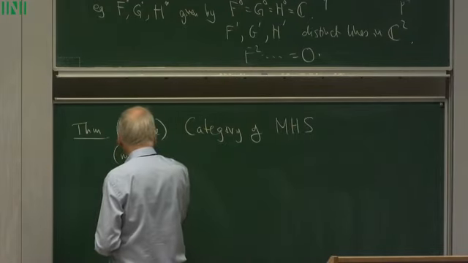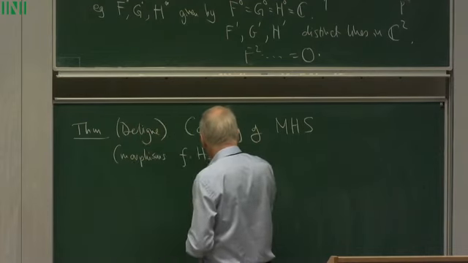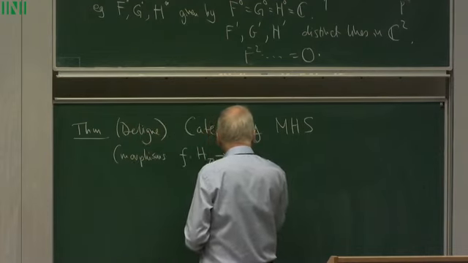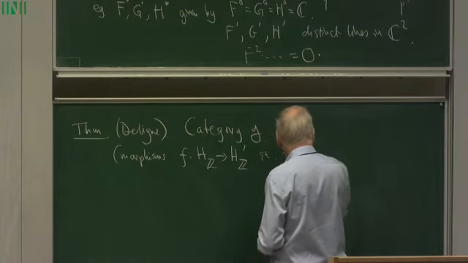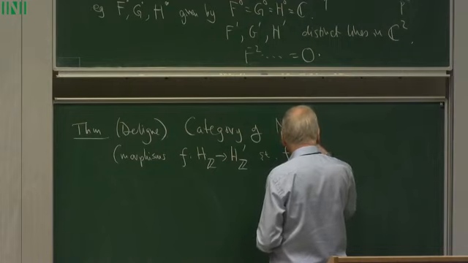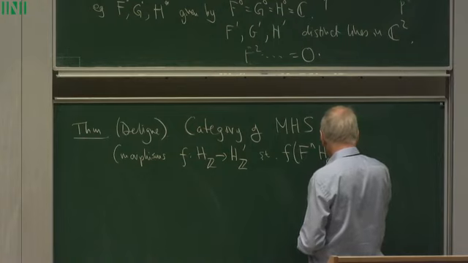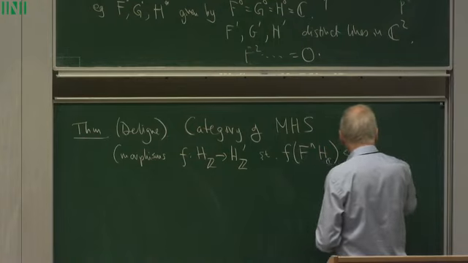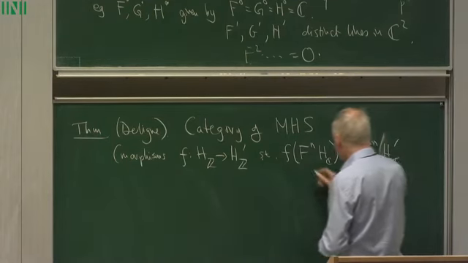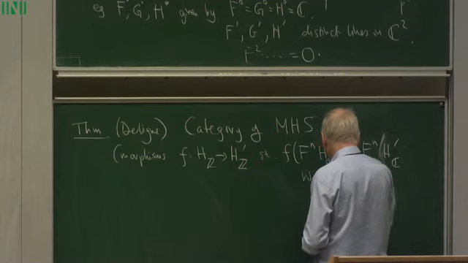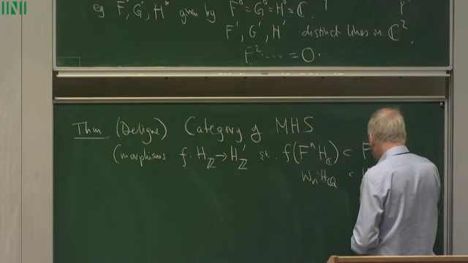So the morphisms are just morphisms of the corresponding underlying Z modules such that f of Fn of H is contained in Fn of H prime, and the same with the weight filtration, Wn of HQ. So it just preserves the filtrations in the weakest possible sense.